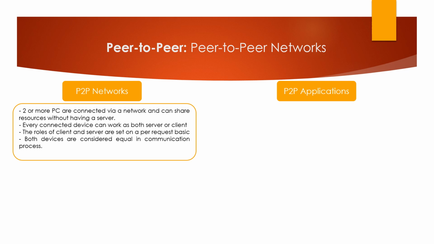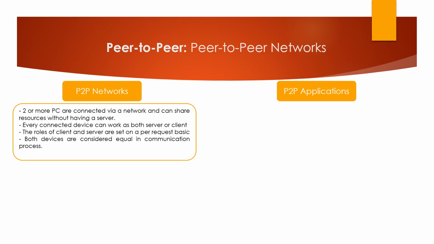Every connected end device can function as both a server and a client. One computer might assume the role of a server for one transaction while simultaneously serving as a client for another. The roles of client and server are set on a per-request basis.